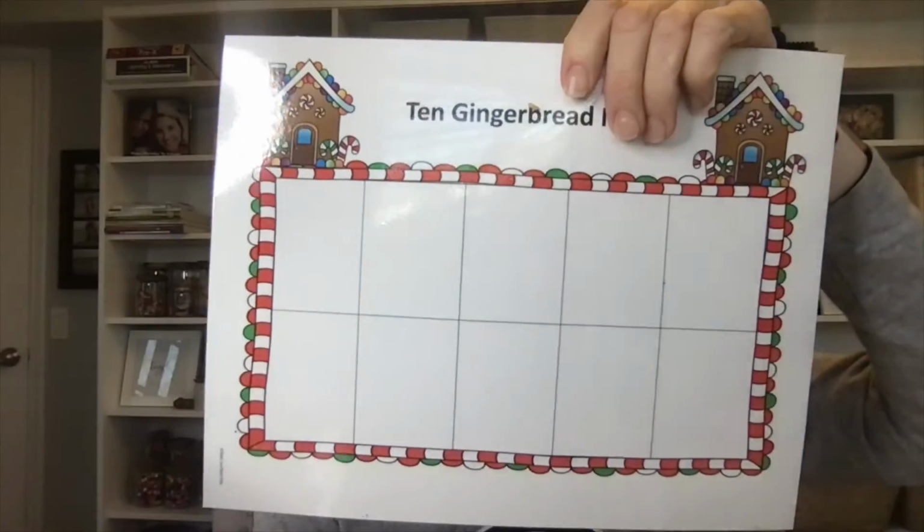So you've got math, you've got literacy kind of put together, and that way you're covering two different standards, a literacy standard and a math standard. So I showed you these little cards with the gingerbread people on them. So I have got 10 frames, just like my Thanksgiving unit.